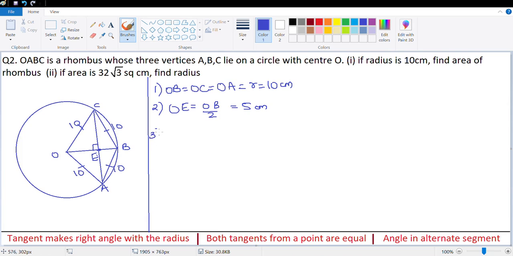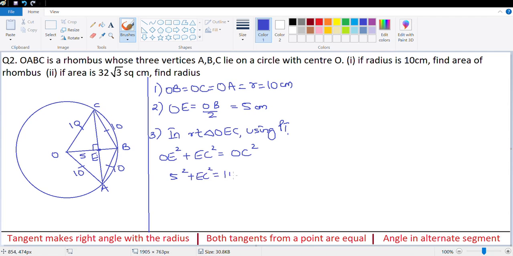So let's apply Pythagoras theorem in right triangle OEC. What I get is OE square plus EC square is equal to OC square. This is 5, which means 5 square plus EC square is equal to 10 square.